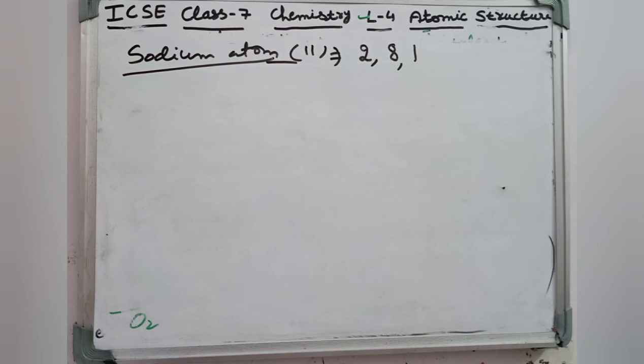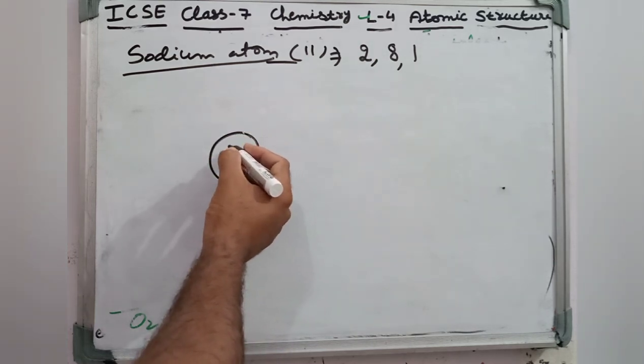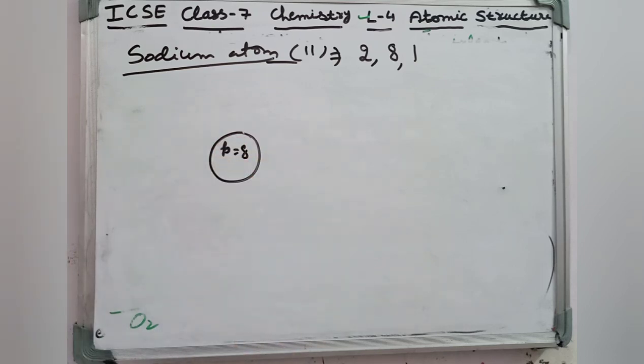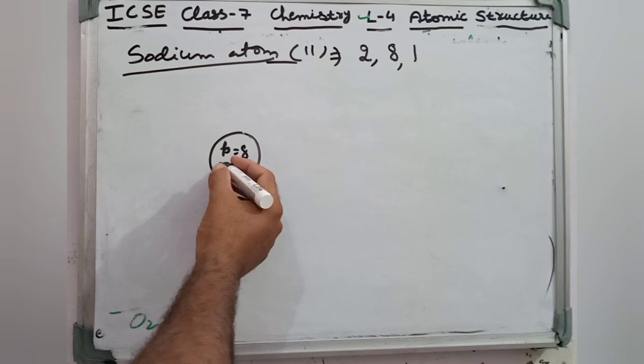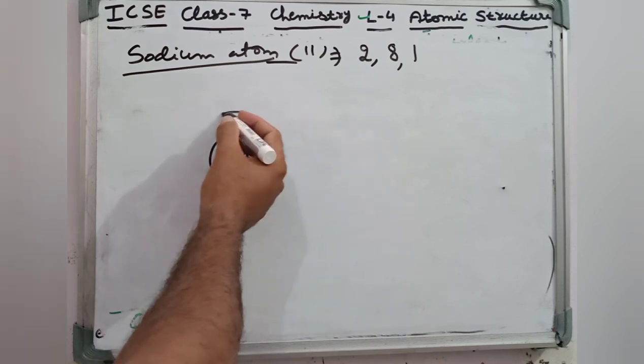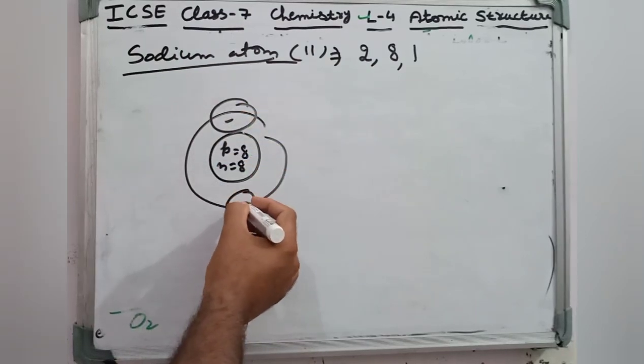Right? So its electronic configuration would be: this is the nucleus, protons equal to 11. Now we have to make the arrangement of electrons. 1 electron, 2 electrons.